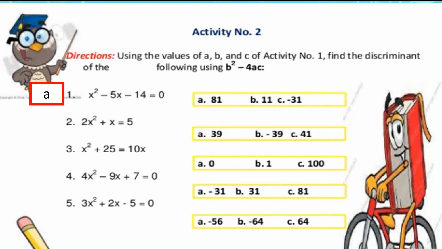What is the correct answer in number 2? So, magiging sagot natin, or solution, we have 1 squared minus 4 times 2 times negative 5 is letter C, which is 41. Okay, do you have correct answer?